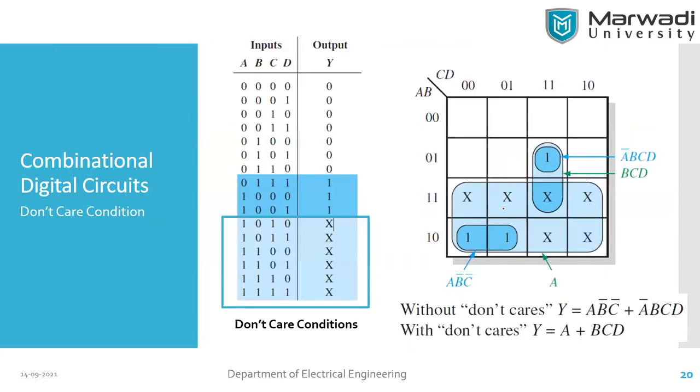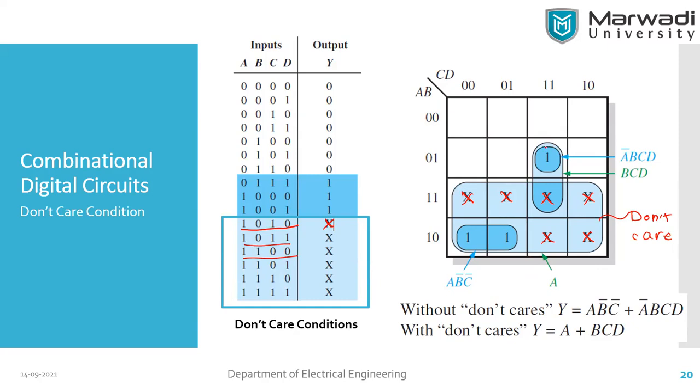So where do you see this don't care, and what do you do with don't care? For example, these X's are for 1010, 1011, 1100. For those, we have put X, X, X, X, X, and X. 6 X's are there, 6 don't care conditions.